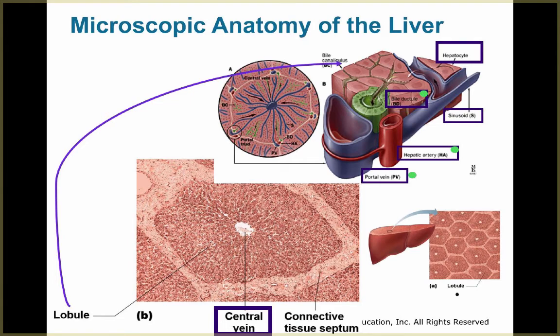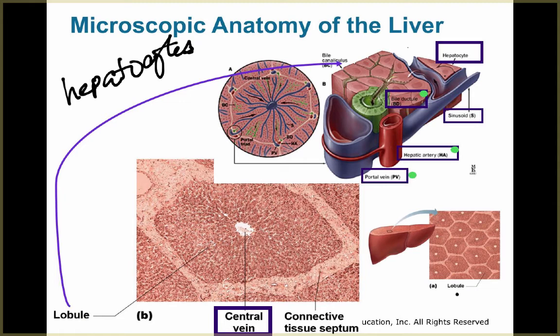These are composed of basically hepatocytes. So you can see that this lobule up here, all these little individual things are hepatocytes.